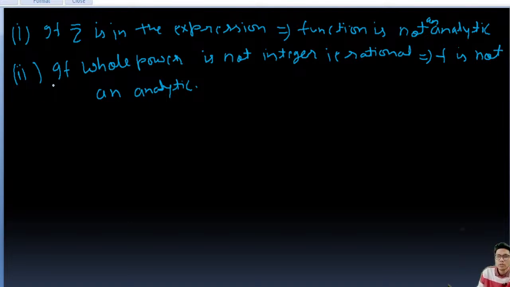Okay, so you need to remember these 2 points, and by these 2 points you can easily solve this type of question.